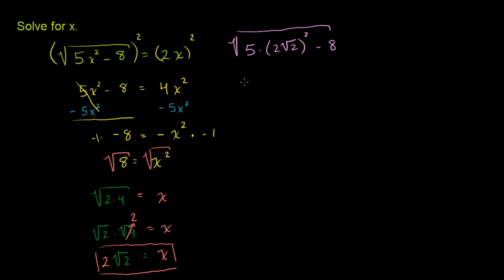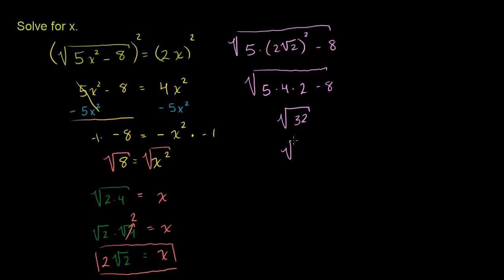This is equal to the square root of 5 times 2 squared, which is 4, times the square root of 2 squared, which is 2, and then minus 8. 5 times 4 is 20, times 2 is 40. And then 40 minus 8 is 32. So this is equal to the square root of 32.